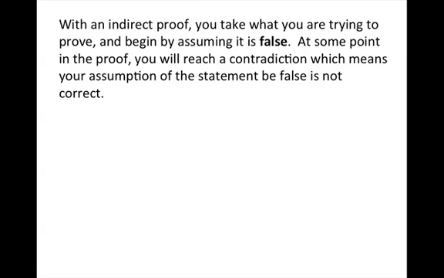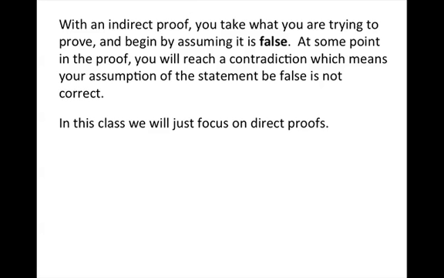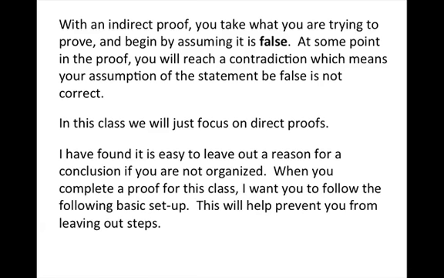So you basically take something you're trying to prove true and you assume that it's false. As you work through the proof, at some point you're going to reach a contradiction. This just means that your assumption that that statement was false is not correct. And if it's not false, then it has to be true. In this class, we're just going to focus on direct proofs.